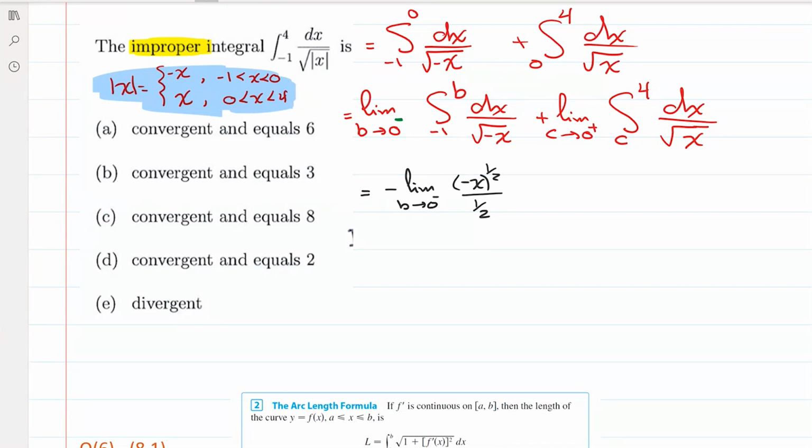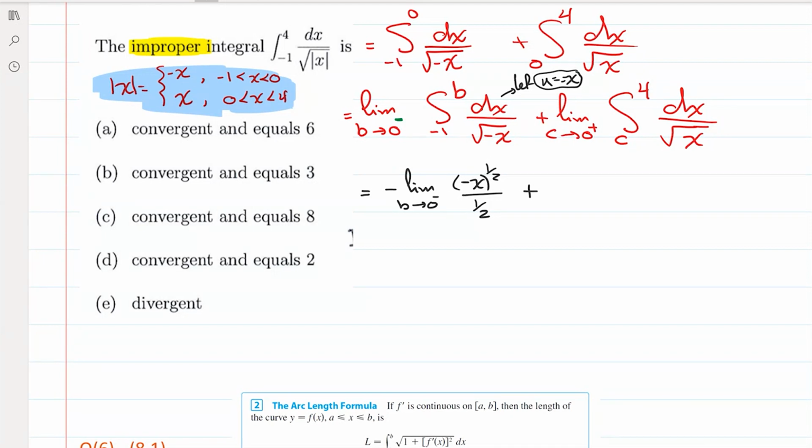Just let u equal minus x, and you make the substitution. I found the answer. What's the answer? A, converge and equal 6. Exactly. Converge and it's equal 6. Now, same thing here.